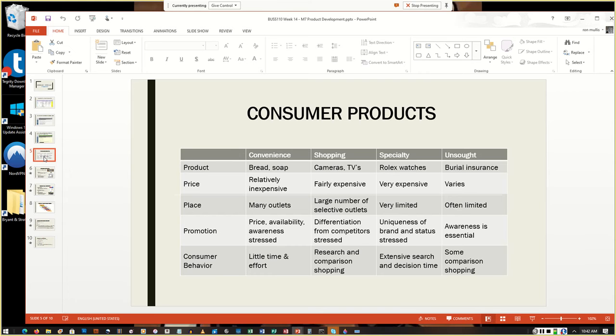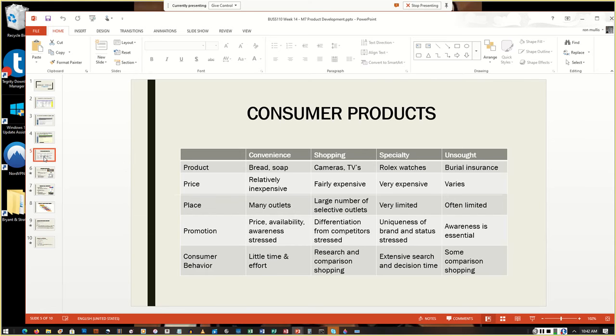The specialty products are items that are purchased infrequently and are a little bit more expensive. Consumers will put a little extra effort into searching for the item and deciding whether or not they're going to buy it. So specialty products are generally luxurious items like a Rolex watch or a luxury vehicle.